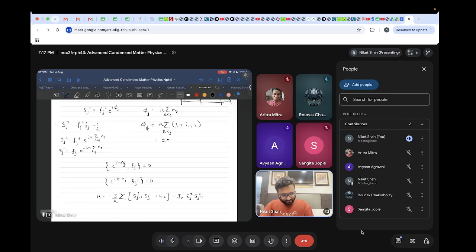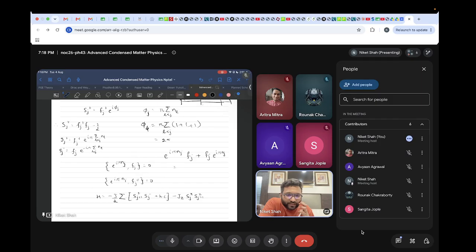So this string phase factor actually satisfies these kinds of anti-commutation relations, both of these. How do you check whether it satisfies these anti-commutation relations or not? So if I write e power i pi nj fj plus fj e power i pi nj, what is this equal to?